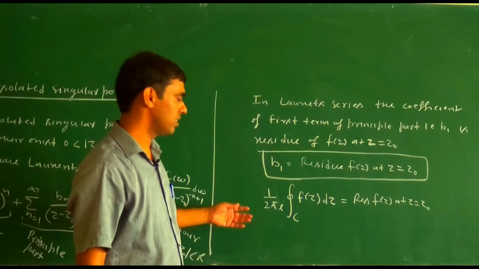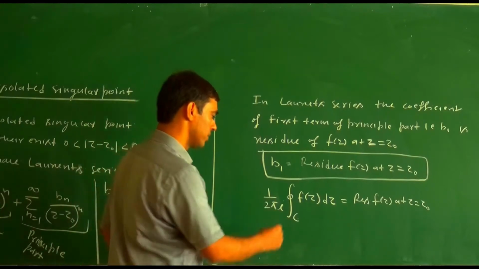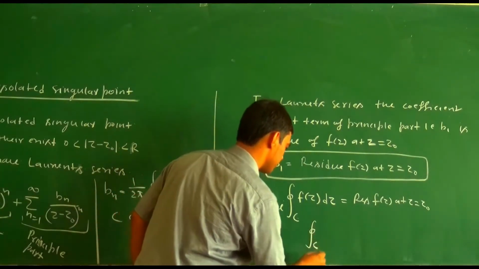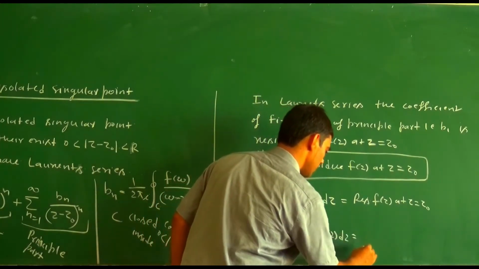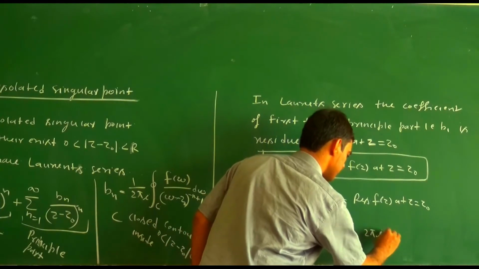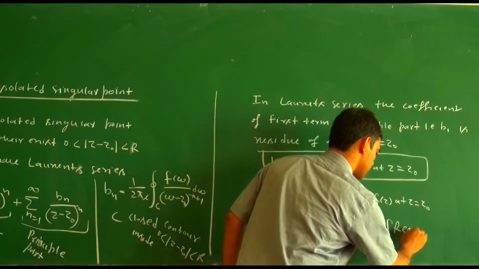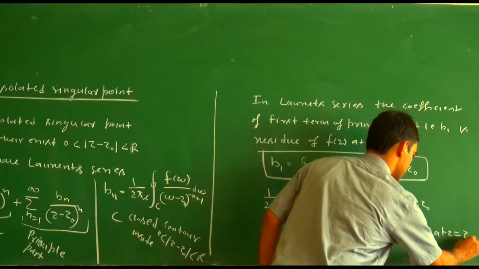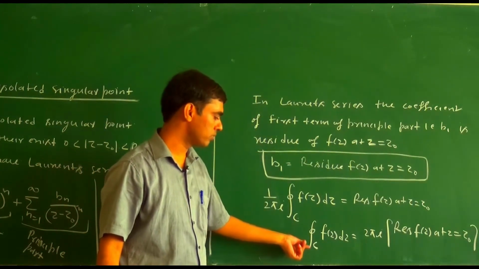So why is this important? If we try to find the integration, we may write it in this form: the integral over C of f(z) dz equals 2 pi i times the residue of f(z) at z equals z0.